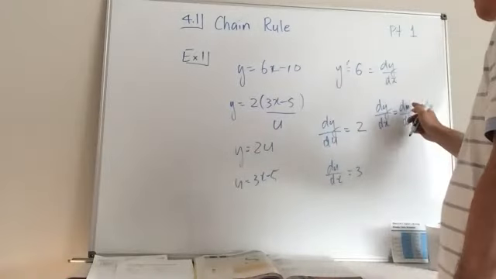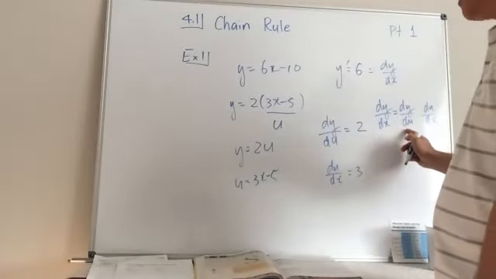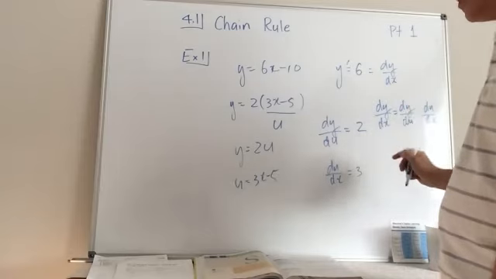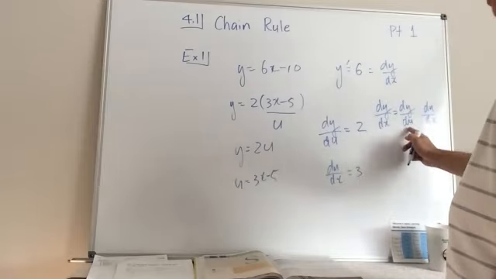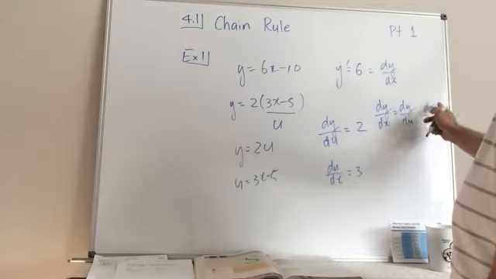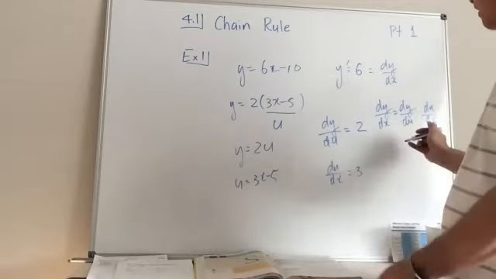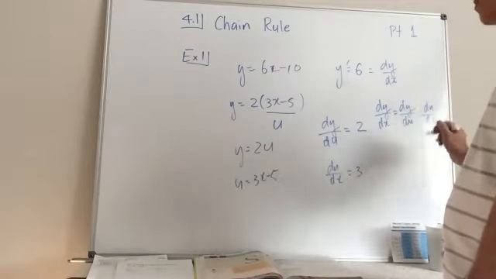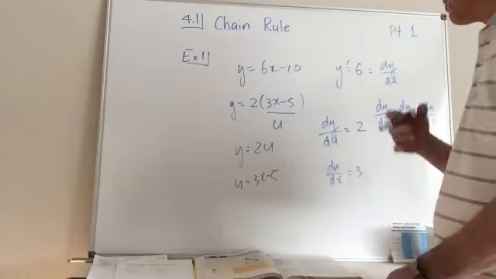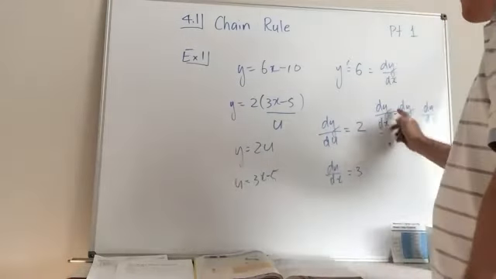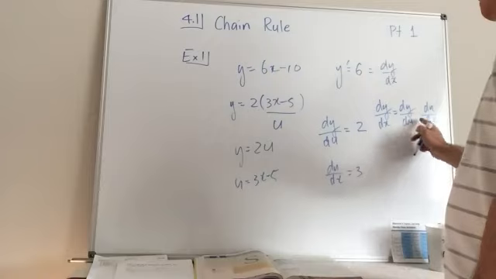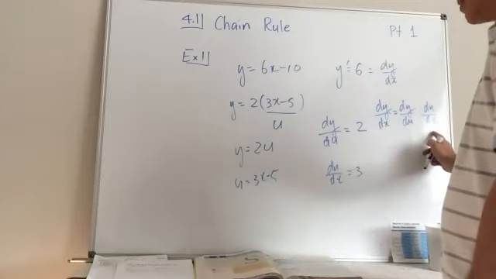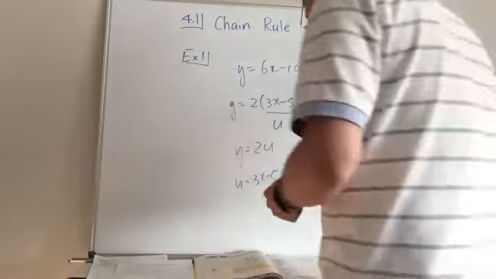Same thing here, this is not dy divided by du. This is dy/du. However, you can see that they kind of cancel and it becomes dy/dx. Or in other words, dy/dx is dy/du times du/dx. So let's keep that in mind.